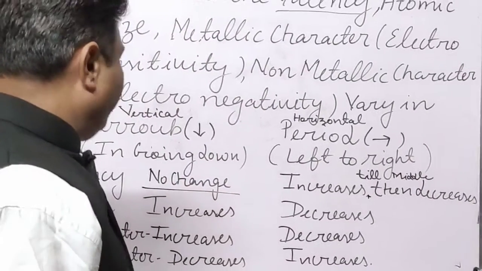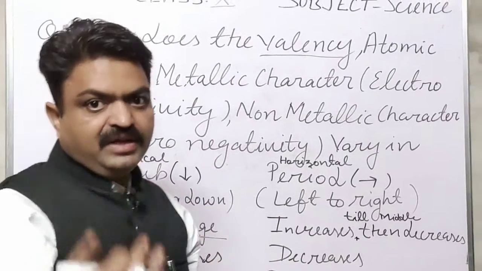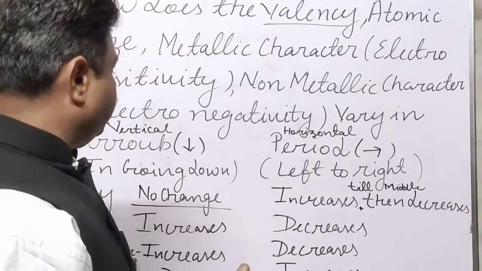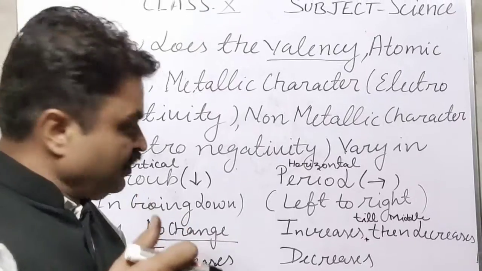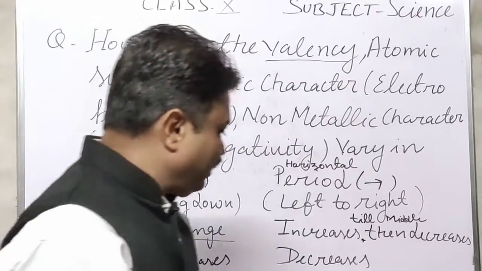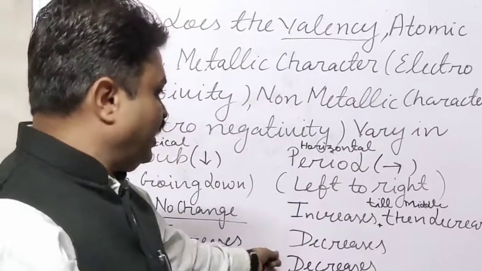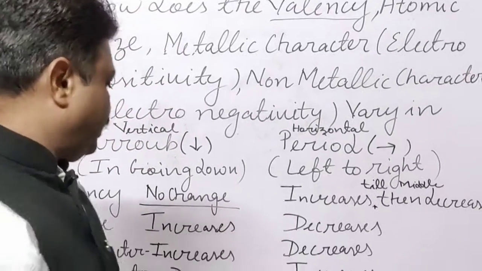Now we come to metallic character. Metallic character is also known as electropositivity, and it increases from top to bottom, but in a period from left to right it decreases because the atomic size decreases, students.